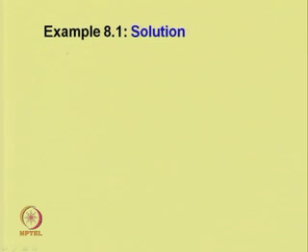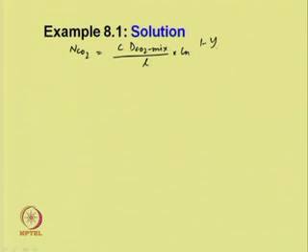Now, we know N_CO2; we have to calculate C D_CO2 mix divided by L into ln (1 minus y_CO2 at L) by (1 minus y_CO2 at 0).